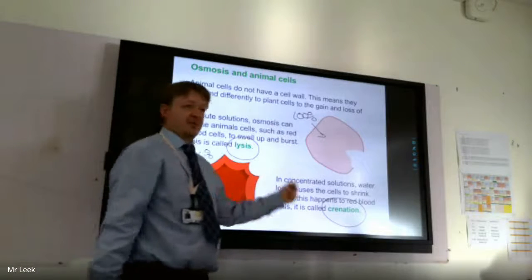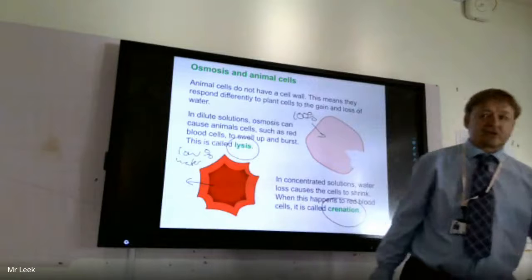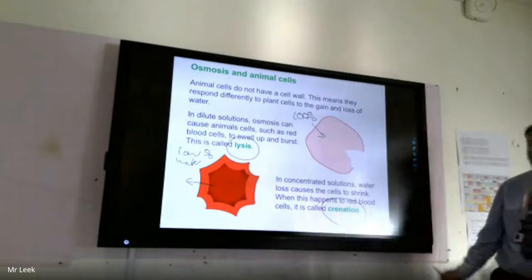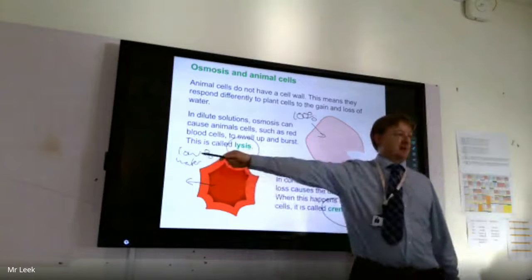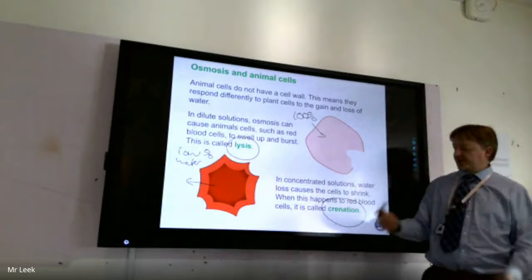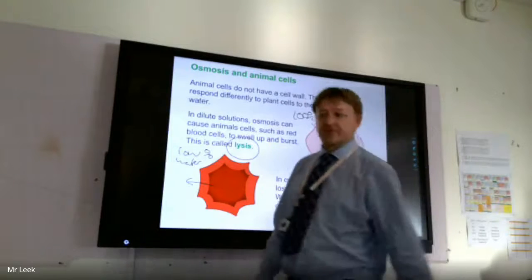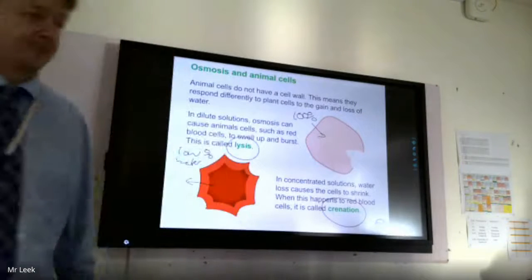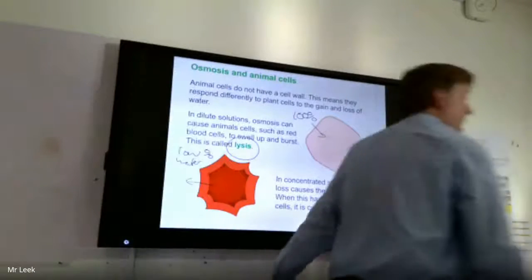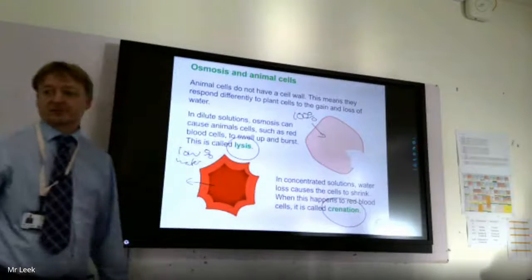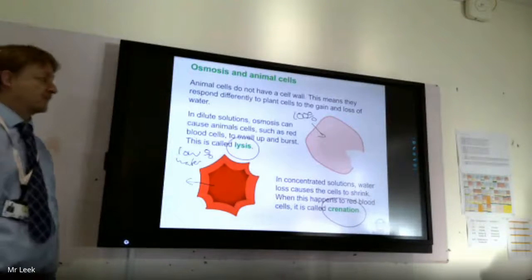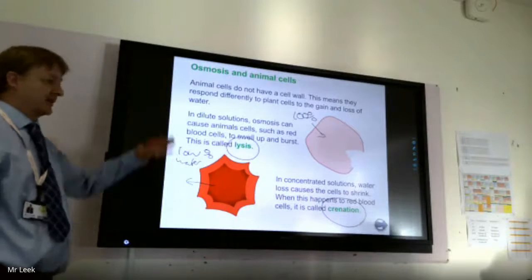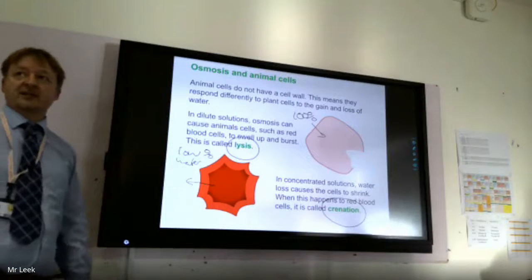If you put a red blood cell into very strong sugar or very strong salt solutions, water comes out of it by osmosis, and it shrinks, and that is called crenation. You should all have got that down now. Again, this isn't a copy job. You make your own notes so you understand it in the future.